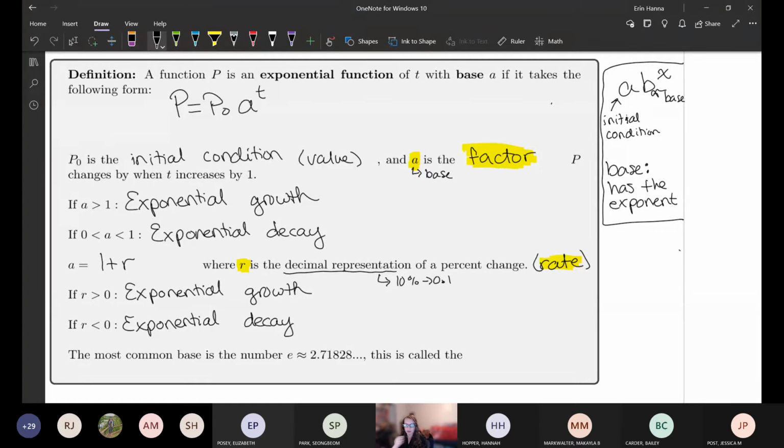Okay. And the most common base is the number e, which is approximately 2.71828, and it continues on forever, just like pi. This is called the natural base. Now, I bet you money that you can't find a mathematician that will ever use e as a variable. So if you ever see e in a problem, it is the number, not the variable, unless it's specifically stated in the problem, let e be some variable value.